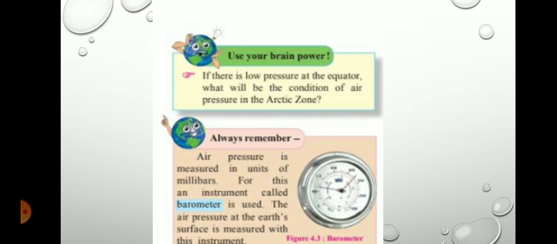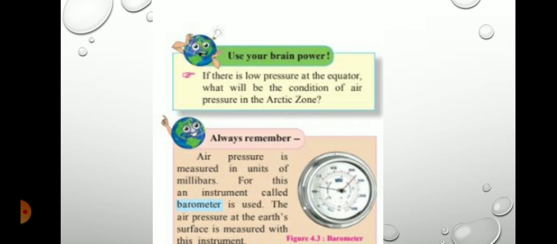Always remember, air pressure is measured in units of millibars. For this, an instrument called barometer is used. The air pressure at the Earth's surface is measured with this instrument.